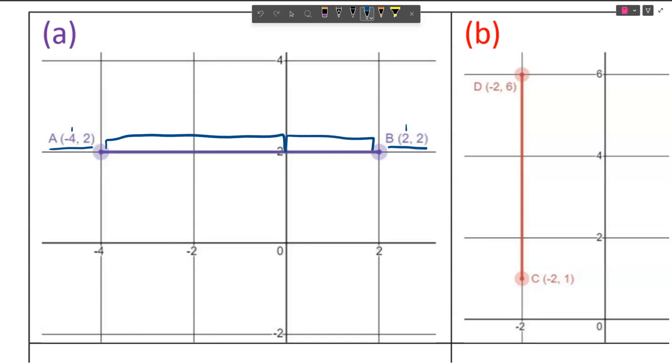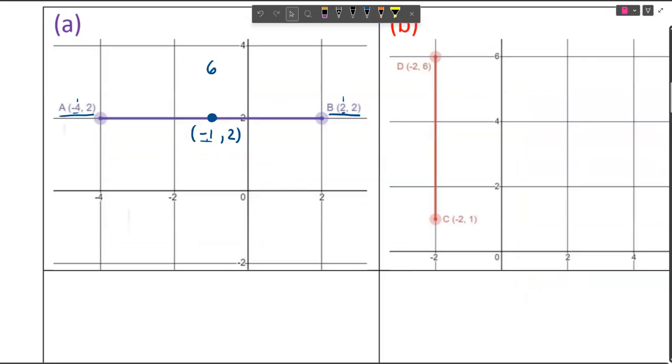If the entire segment is 6 units long, we cut that in half and count 3 units. So the middle would be right here. That coordinate has a y coordinate of 2, but the x coordinate would be -1, and -1 is the same distance from -4 as it is from 2.